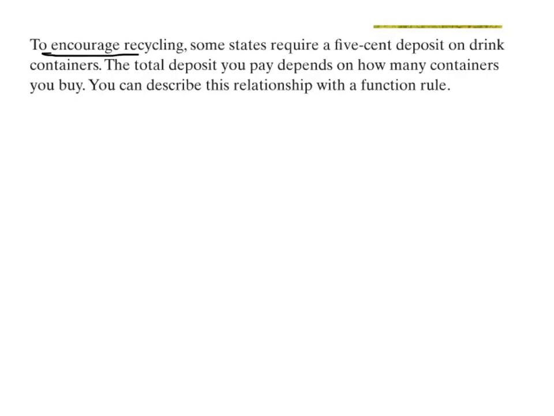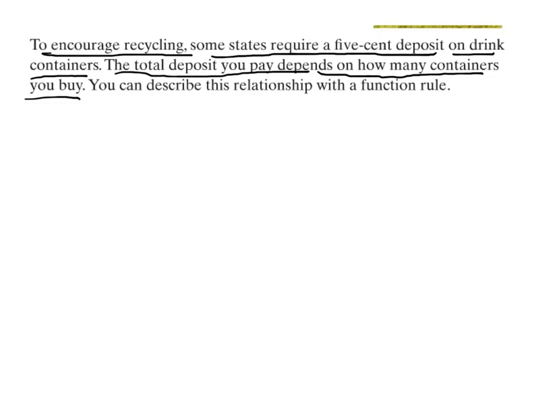To encourage recycling, some states require a 5-cent deposit on drink containers. The total deposit you pay depends on how many containers you buy. So depending upon the number of containers you are buying, you will deposit that much amount of money.